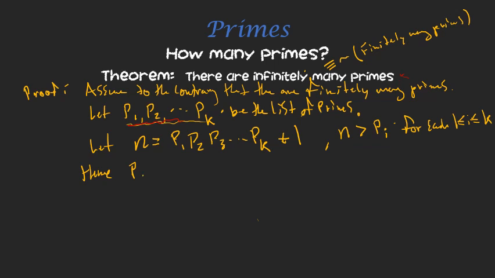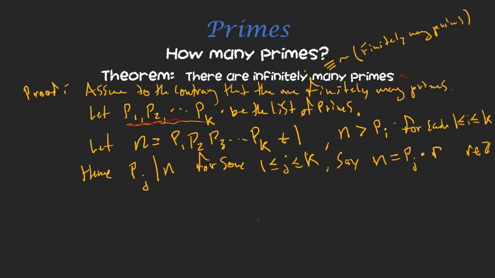So p_j divides n for some j less than or equal to k. What does that mean? That means we can write n equals p_j times r for some r in the integers. That's what it means for p_j to divide n. So I'm going to write n as p_j times r.